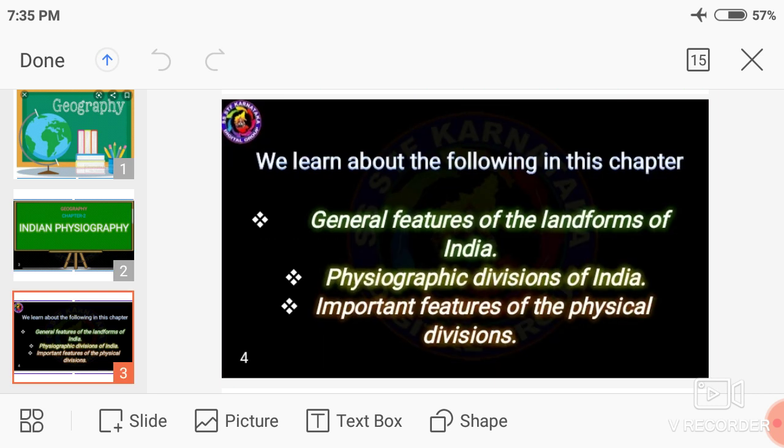In this lesson, we learn about the general features of the landforms of India, the physiographic divisions of India, and the important features of the physical divisions. These points we discuss in this lesson.